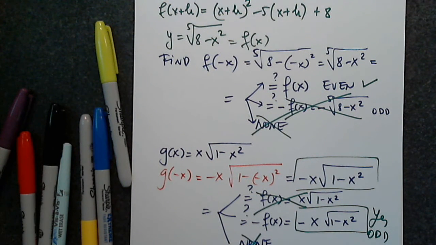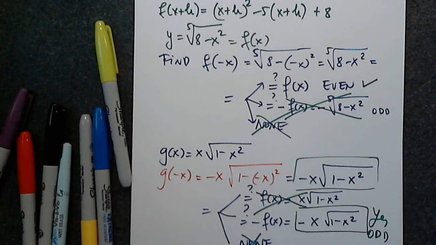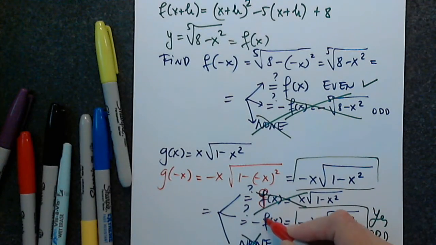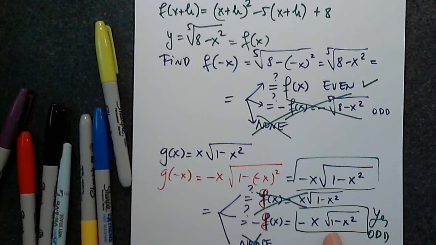By opposite of the function, we mean we multiply both sides of the function by negative 1, right? So I multiply this by negative 1, which will be, oh, okay, it's g of x. Sorry. So I multiply both sides here by negative 1, and I get negative x times the square root of 1 minus x squared. Is that better?